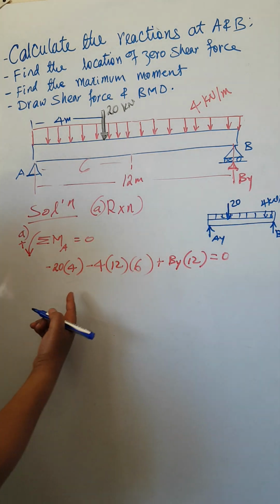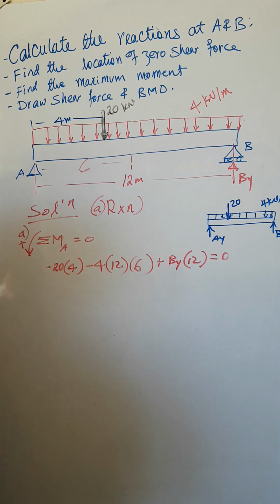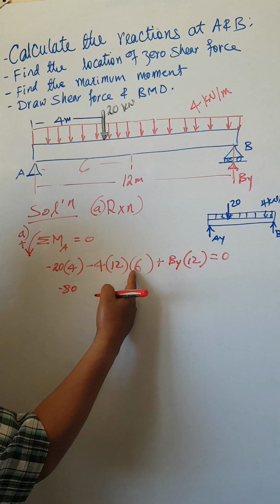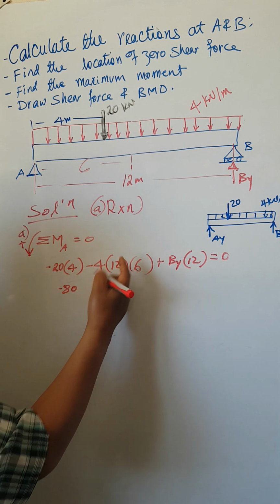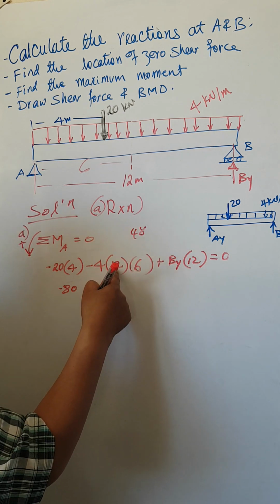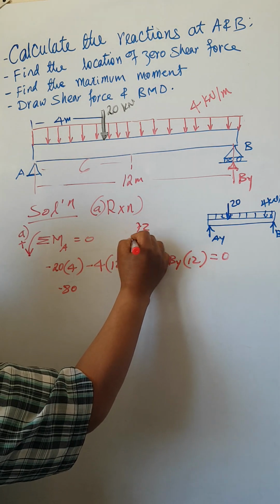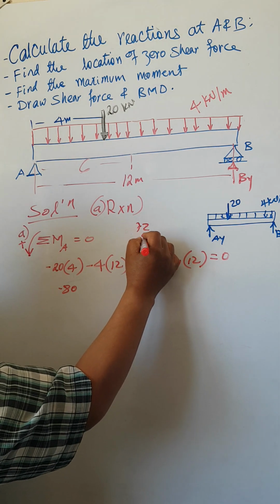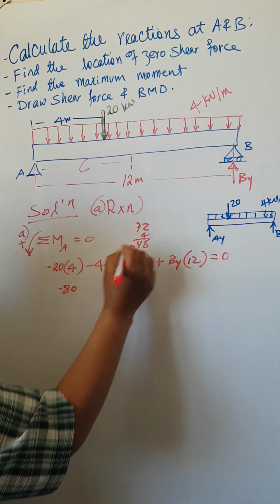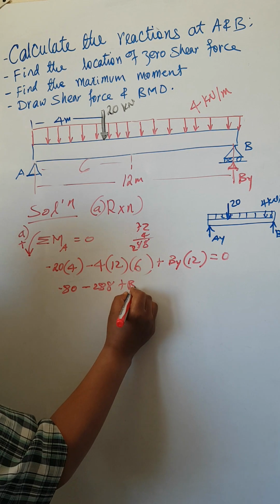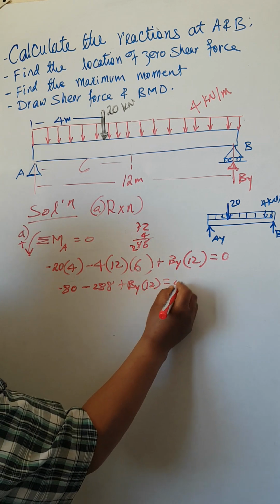Then what do we get from this? Now this is negative 80. Again this is negative. This is 48, or when multiplied, 72 times 4 is 288. So this is minus 288, plus By times 12 is equal to 0.